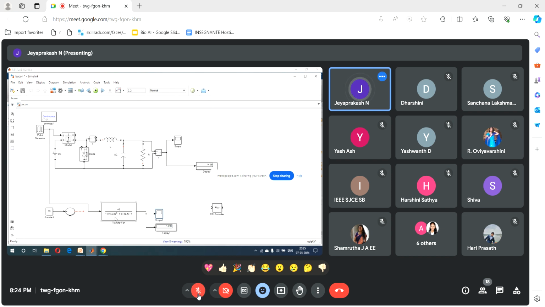We know the standard form: s squared plus 2 zeta omega n s plus omega n squared. The zeta is nothing but the damping ratio value, so we can easily adjust that damping ratio. We can easily achieve an underdamped, overdamped or critically damped response, but that cannot be achieved with the help of this first circuit.